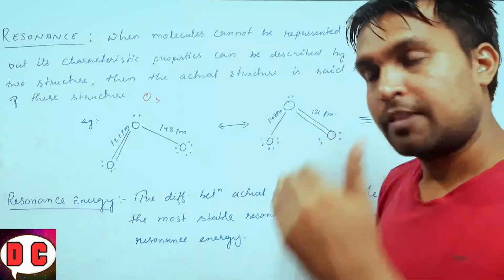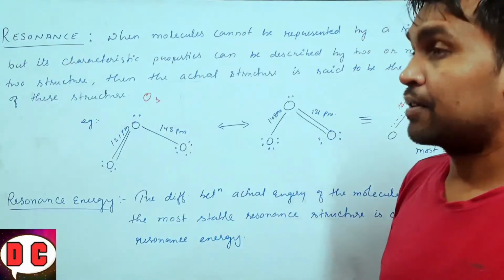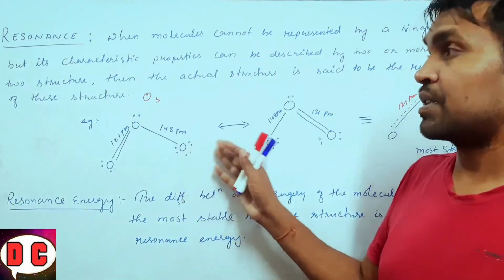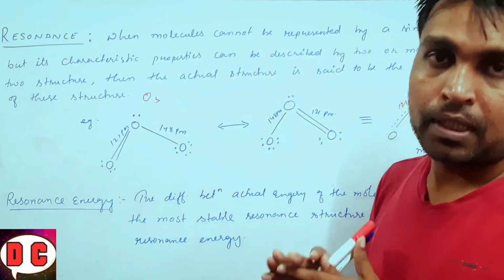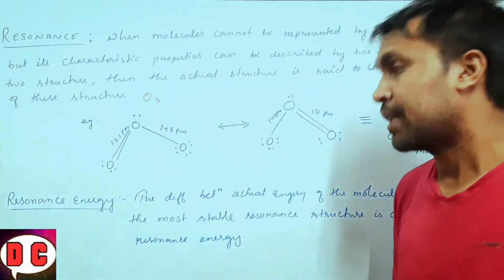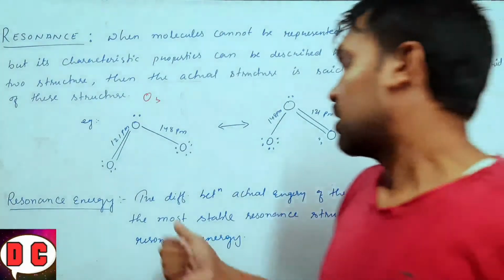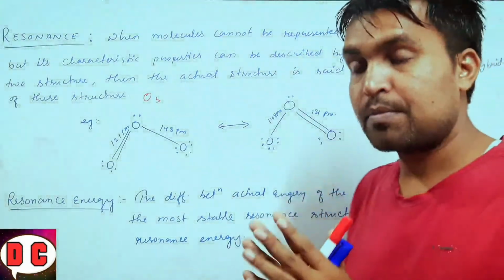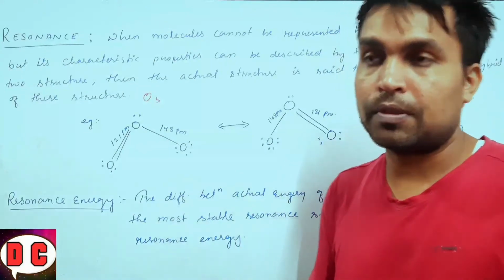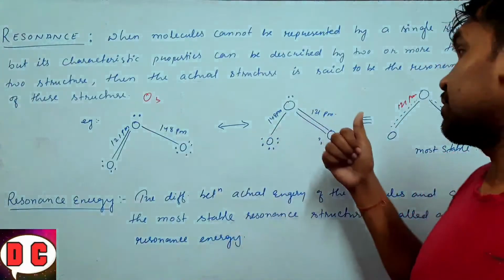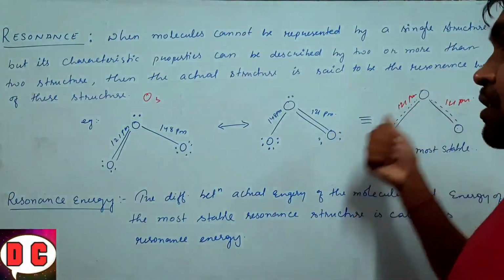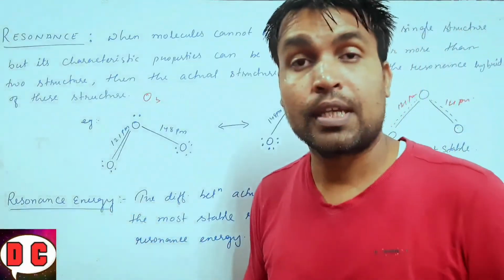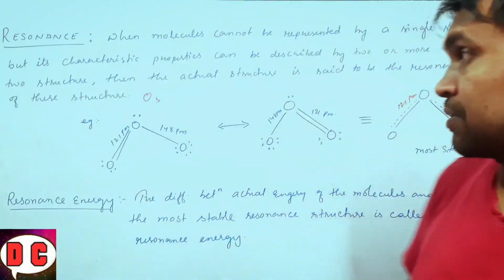There the need for resonance comes, and remember, this is a hypothetical assumption. Next, resonance energy: the difference between the energy of the actual molecule and the energy of the most stable structure is called resonance energy. Got it, dear students?